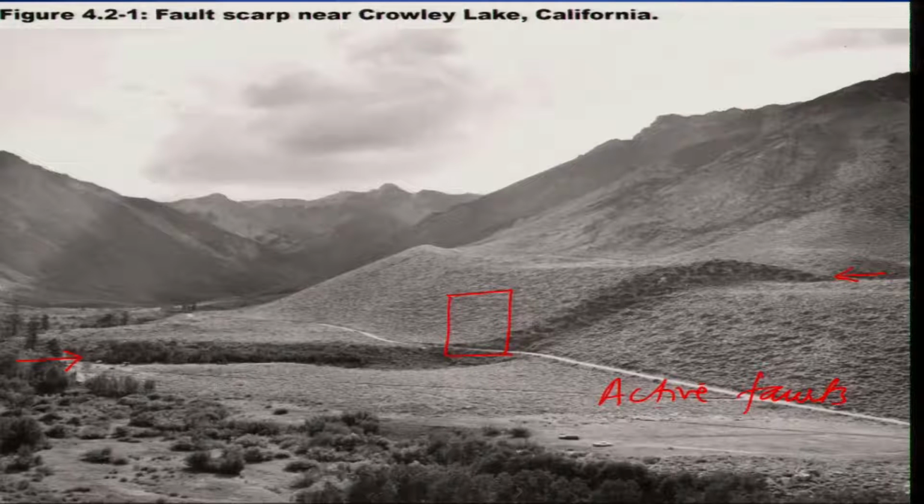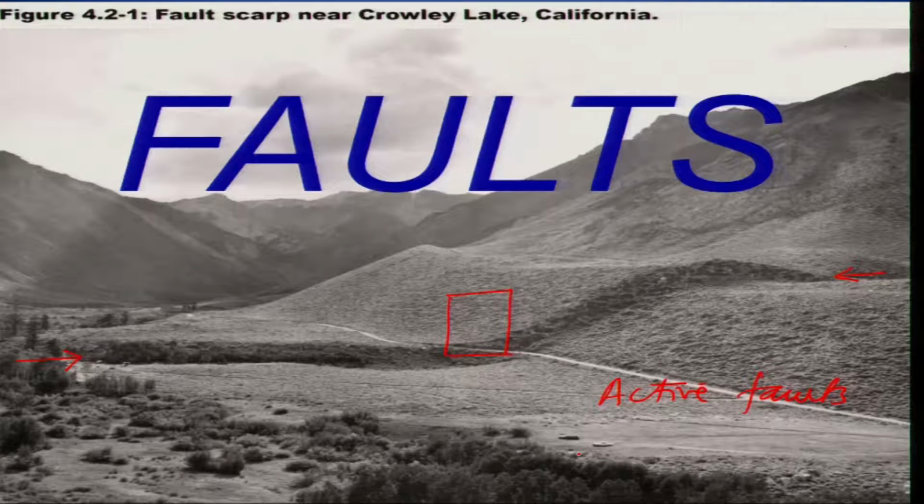This area will be displaced during the next earthquake. So these are faults marked on the surface, the manifestation of crustal deformation on the surface.